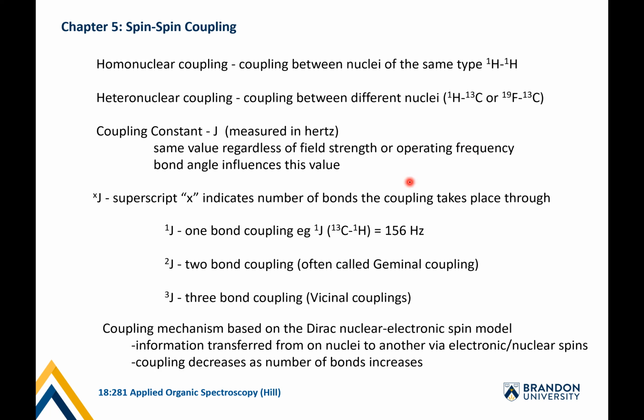So when you have a 60 megahertz NMR, a quartet could sometimes look really, really big. And when you're running the same spectra on a 400 megahertz NMR, the quartet could be very close together.